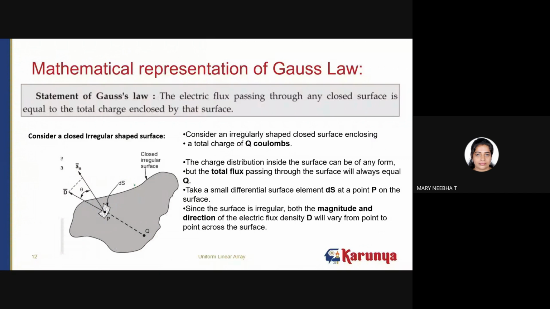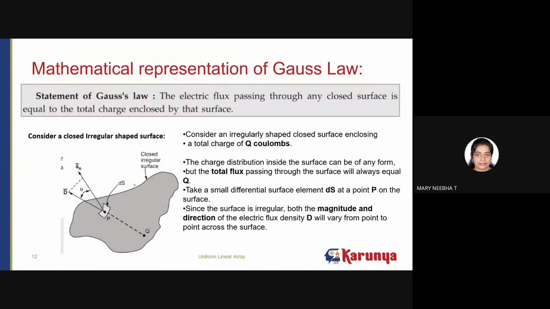So Dn is the flux density, which is flux per unit area. We represent it as Dn because it is the normal component of the D vector. So in the first step, we got the expression for Dn: Dn is vector D cos theta, because it is the normal component. And what is d psi? d psi is Dn times dS.